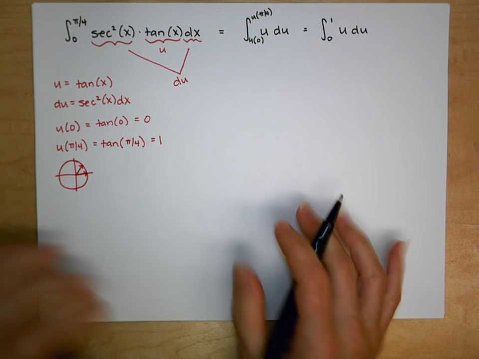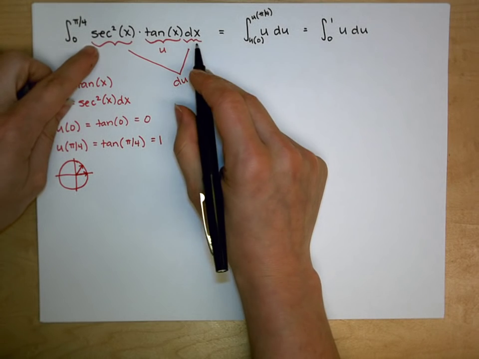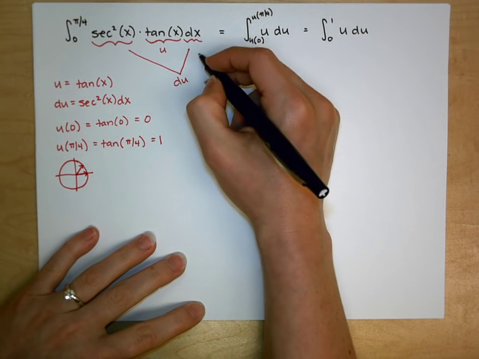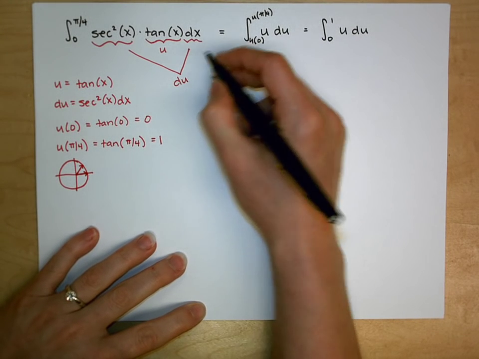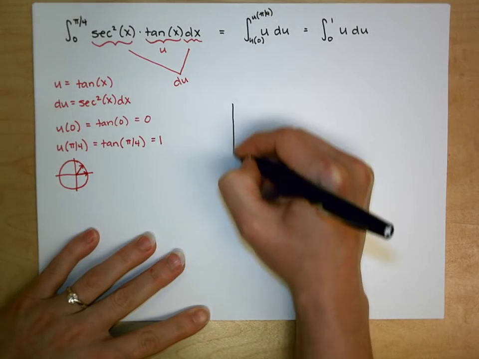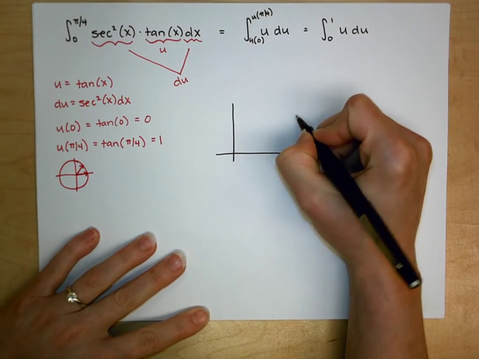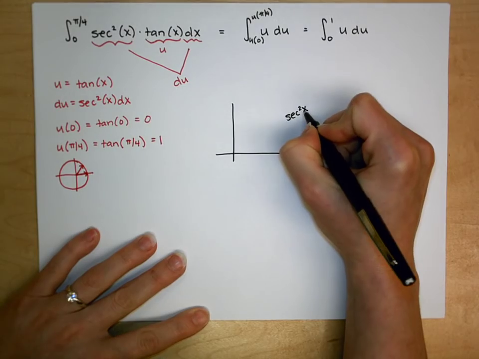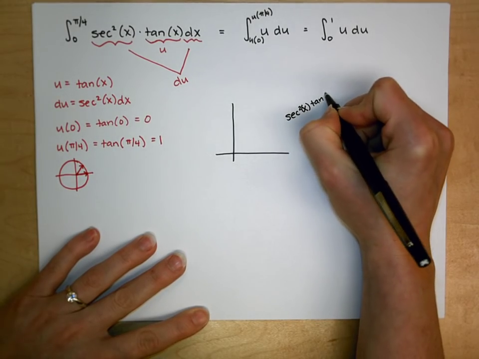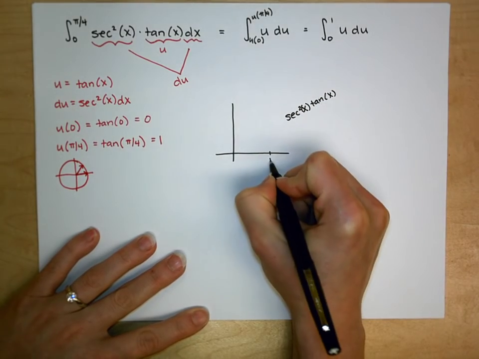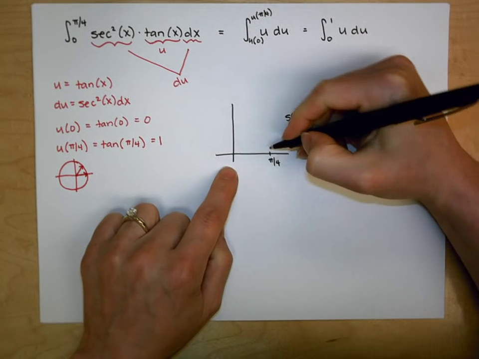So visually, how I want you to think about this is, if I look at the graph of this first integral, secant squared x tangent x from 0 to pi over 4, feel free to do this in your calculator if you want to look at what it is.